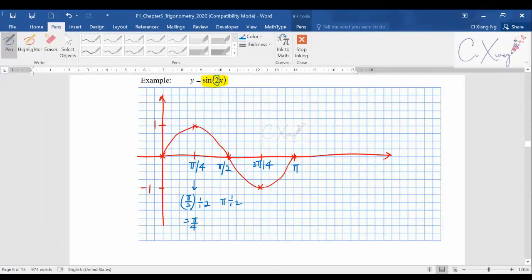This is because you are having a compression in the x direction, in the x-axis, which is the number 2. If you have a 3 here, that means all the labels for the x-axis you divide by 3. If you have 4x here, then everything you divide by 4. That's it.